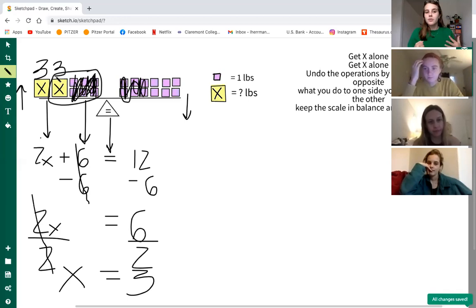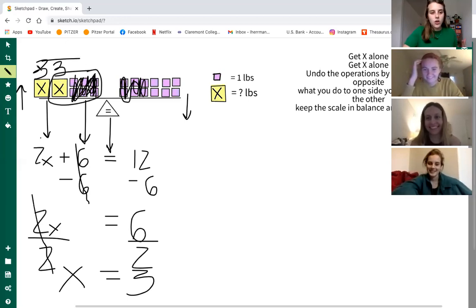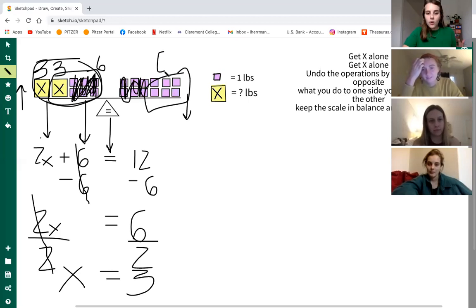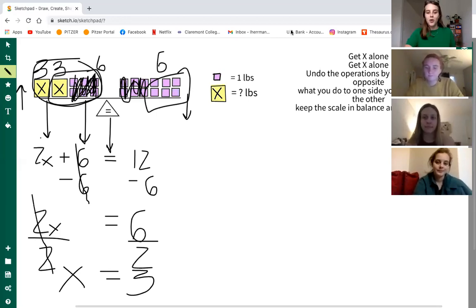Tira, what's 3 plus 3? 6. So our total weight over here is 6. And on the right-hand side of the scale, we have 6 1-pound boxes. Our scale is equal, and we have found our value of our missing unknown variable. And that's how we're going to start solving two-step equations.